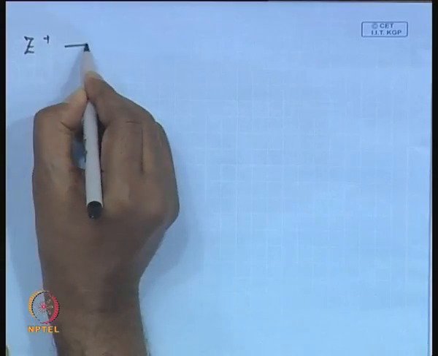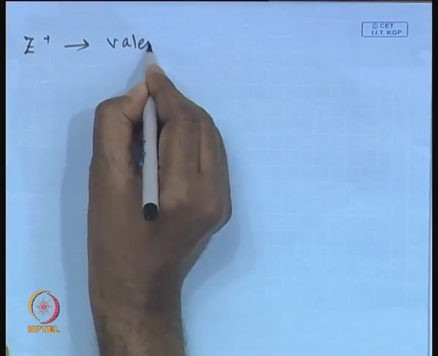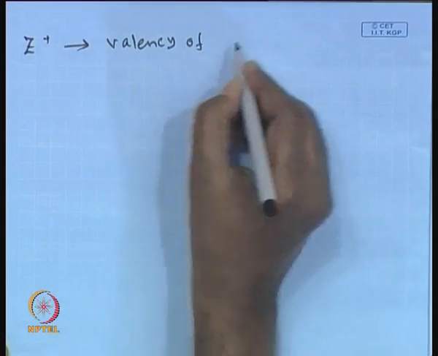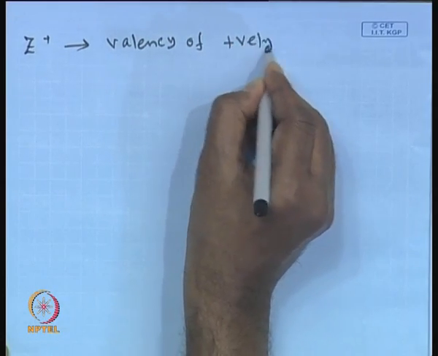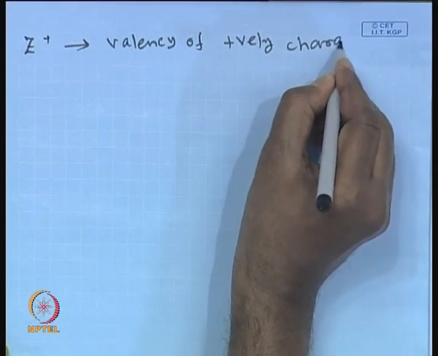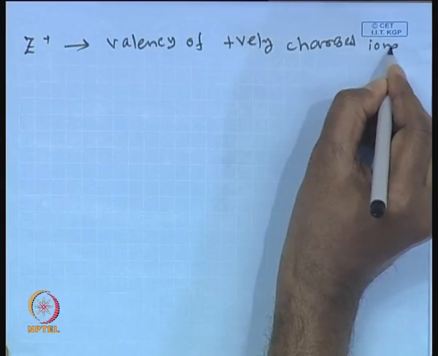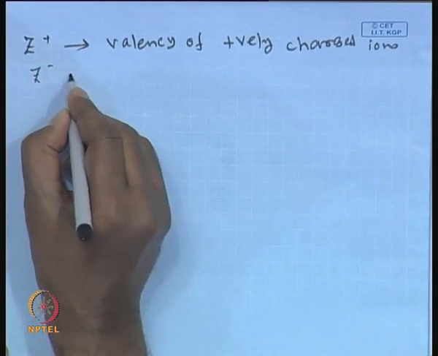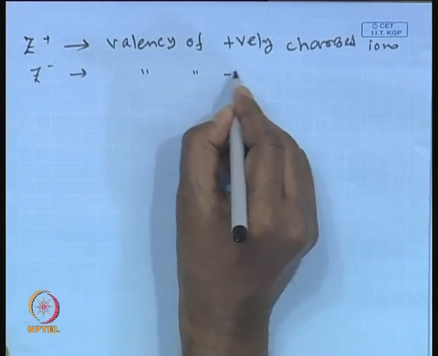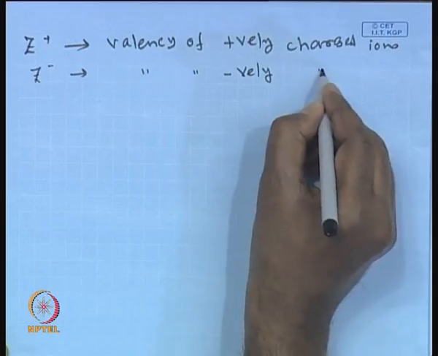So, Z plus is the valency of cations, positively charged ions. Z minus is the valency of negatively charged ions.